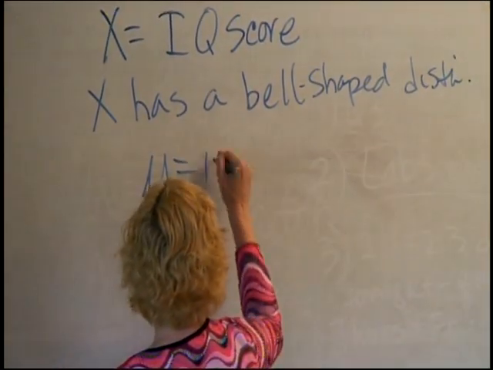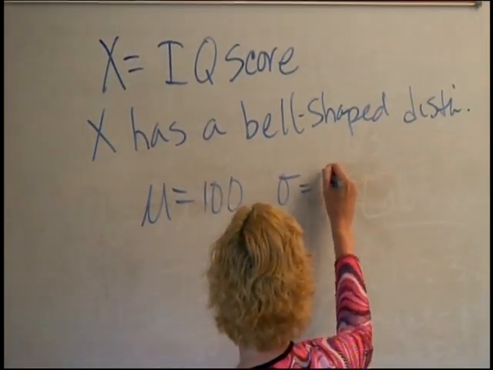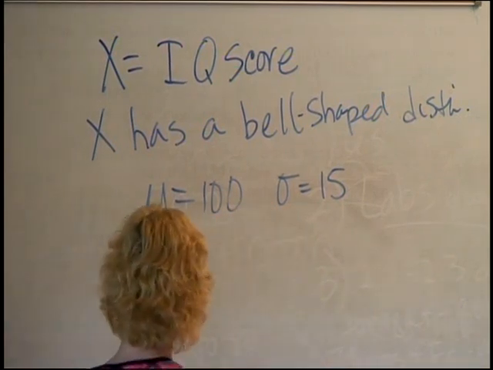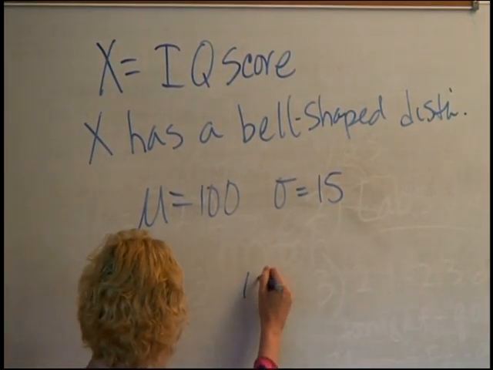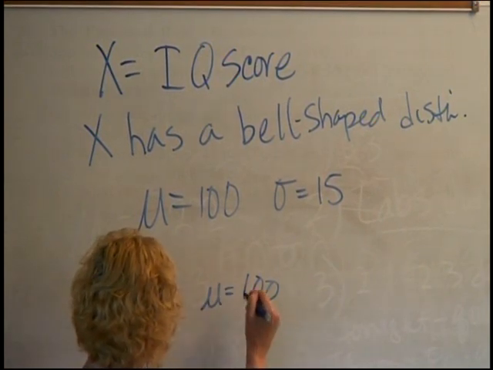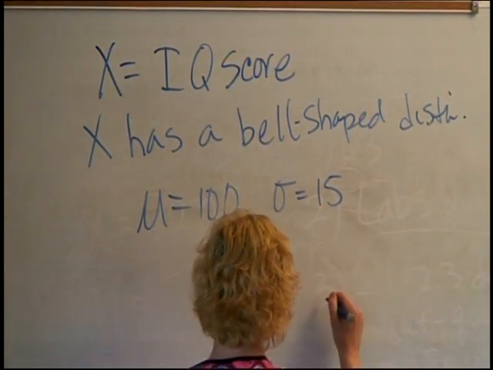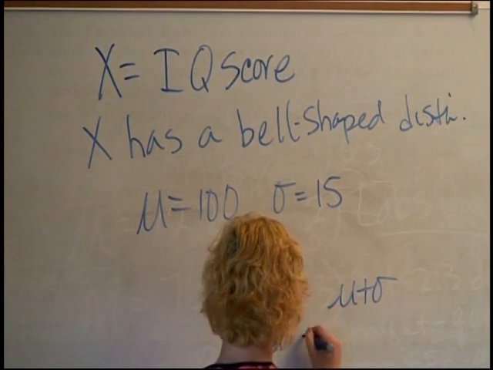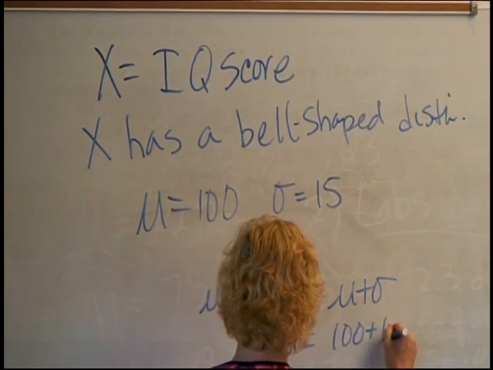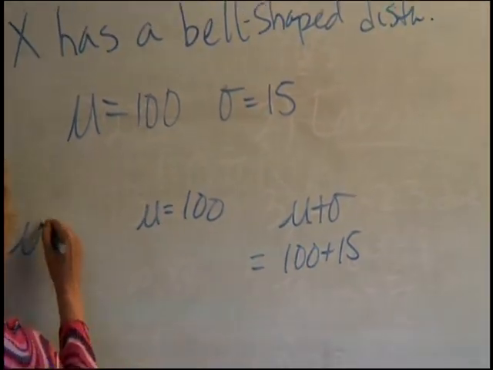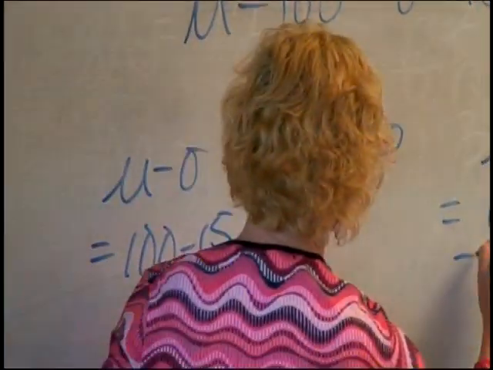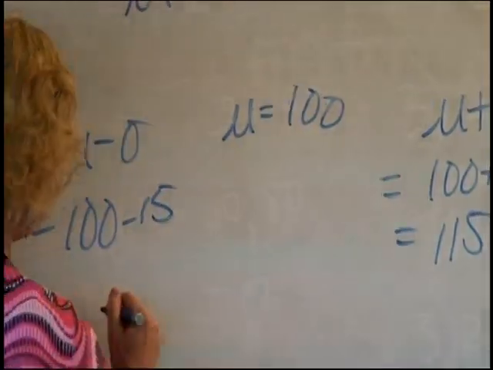The IQ scores have a mean of 100, a standard deviation of 15. So if we take that 100, we add 15, and we subtract 15, so this would be 115, this would be 85.